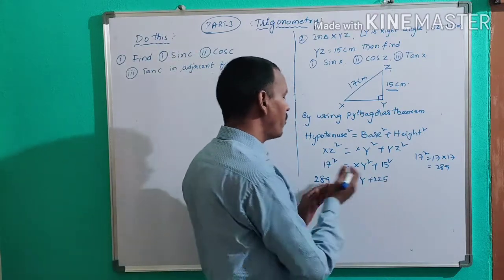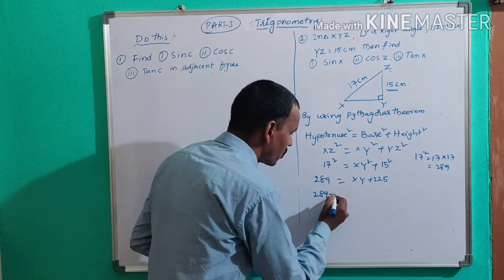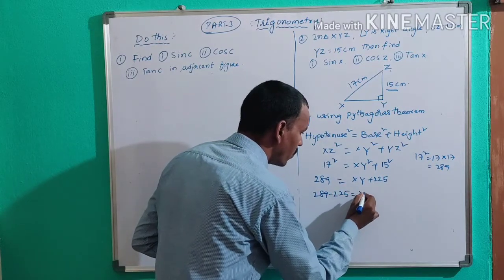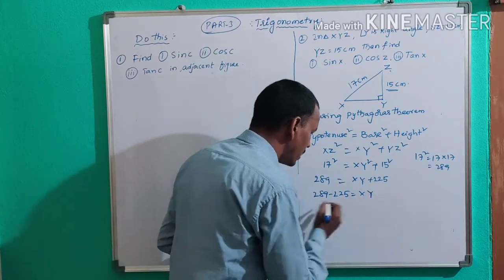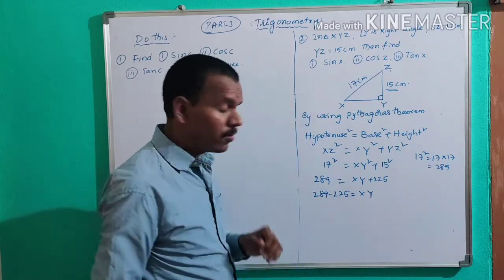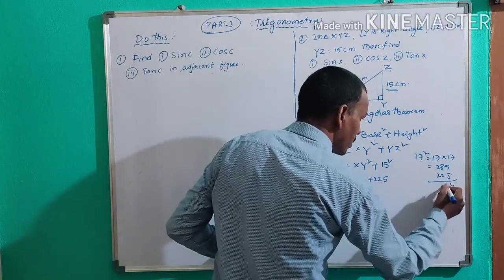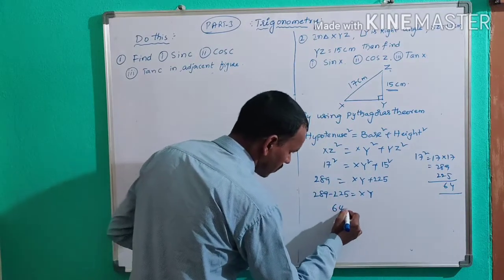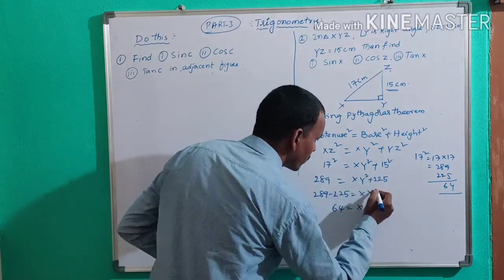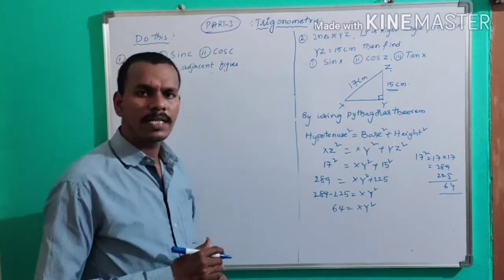Now plus 225 becomes minus 225 on the other side. So 289 minus 225 is equal to XY square. Now we can subtract: 9 minus 5 is 4, 8 minus 2 is 6, and 2 minus 2 is 0. That means 64 is equal to XY square.